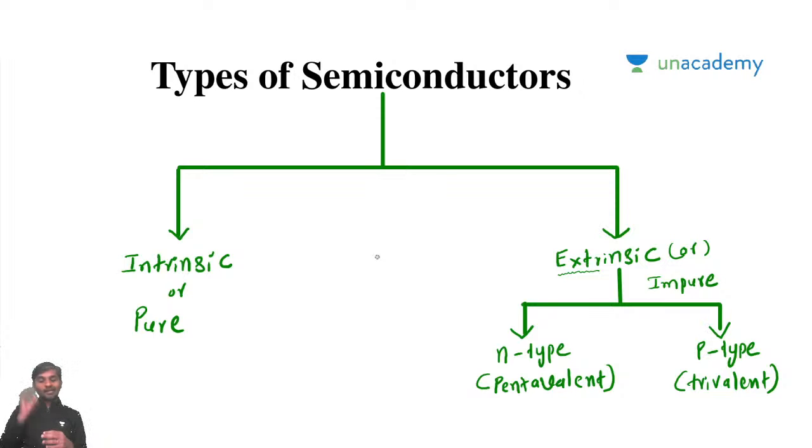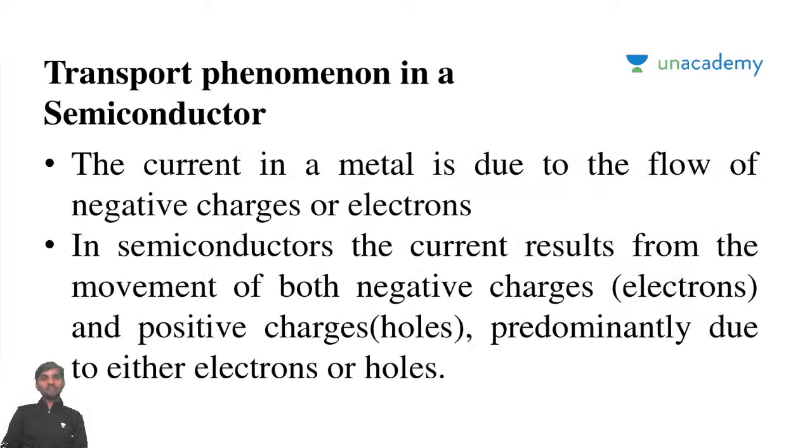What is that, sir? Transport phenomena in a semiconductor. Till now we discussed the types; now the important thing is the transport phenomena in a semiconductor. The current in a metal is due to the flow of negative charges, or electrons.